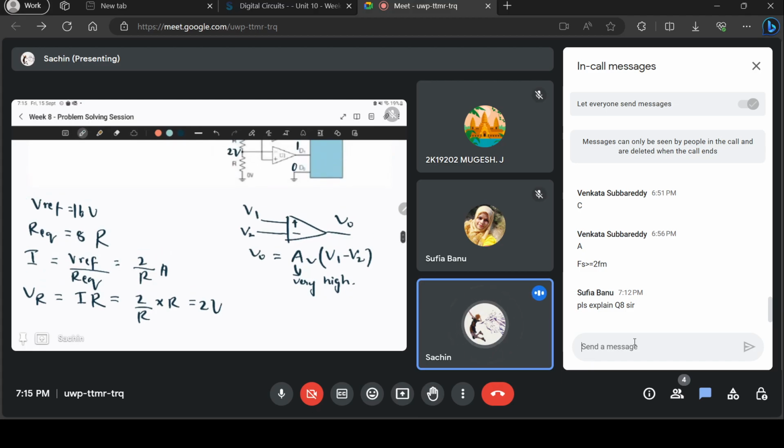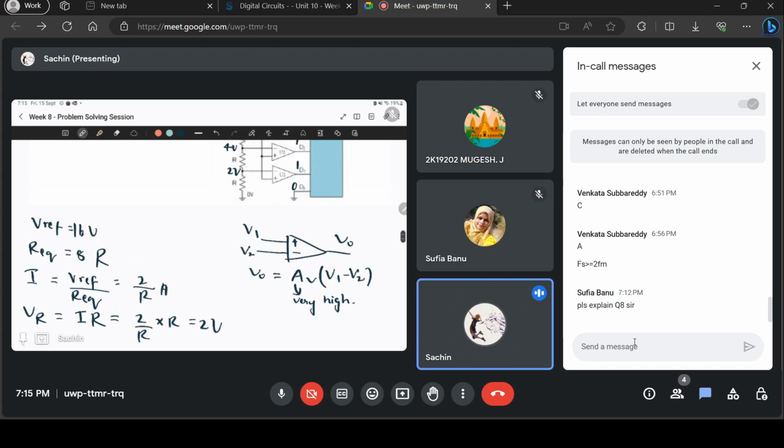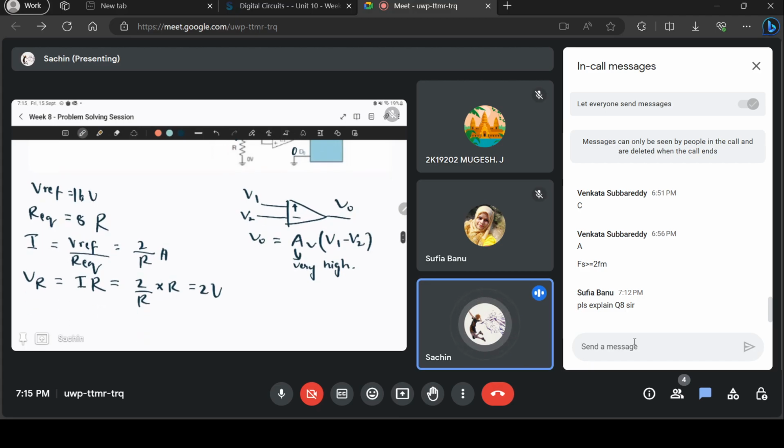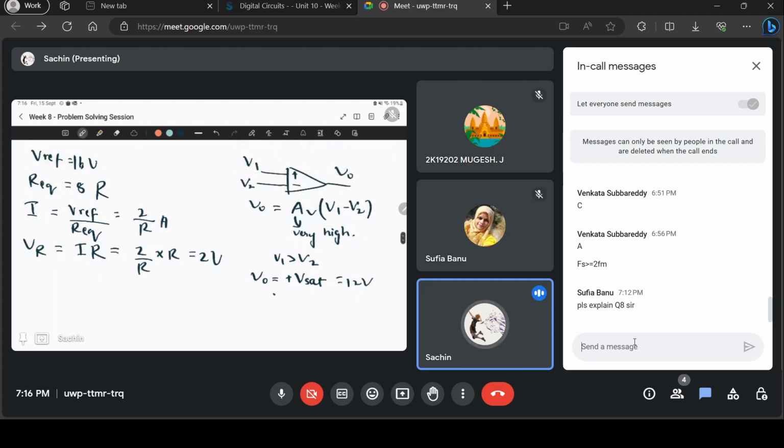But since it's physically connected to some voltages, it can't actually give you more voltage than the supply voltage. So if V1 is greater than V2, Vout will go to a positive saturation value called plus Vsat, usually 12 volts or something. If V1 is less than V2, your output will go to negative saturation voltage, minus Vsat, something like minus 12 volts.